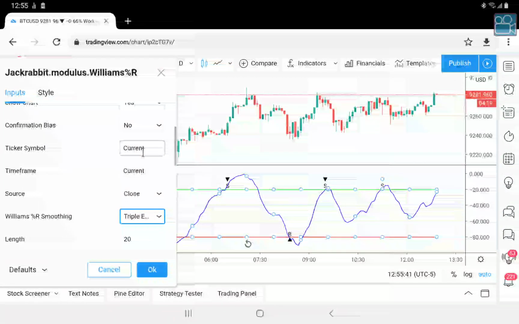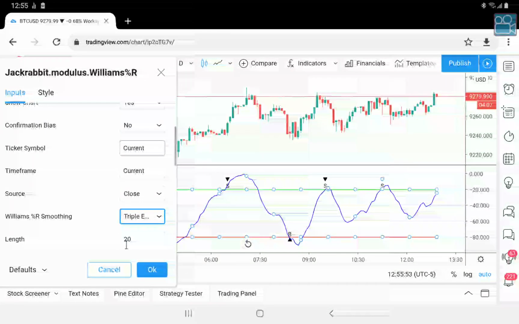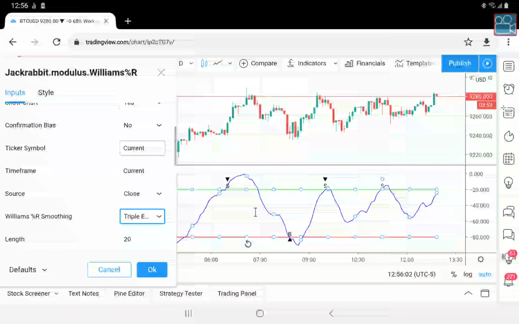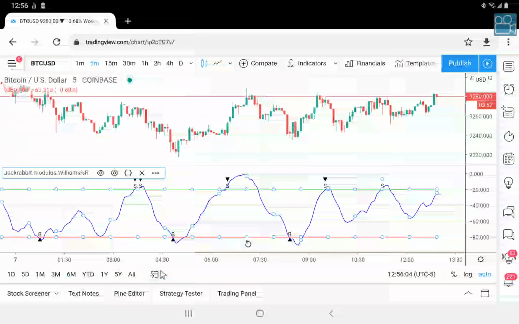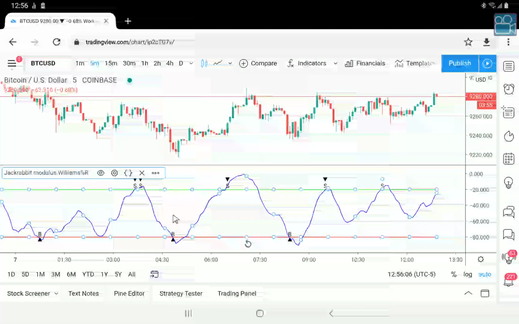So it's something to examine closely in terms of your risk assessment and functionality. A lot of people prefer 14 as a length, but I have found that 20 works well for a lot of situations. Be sure to take your time and to carefully backtest this strategy.